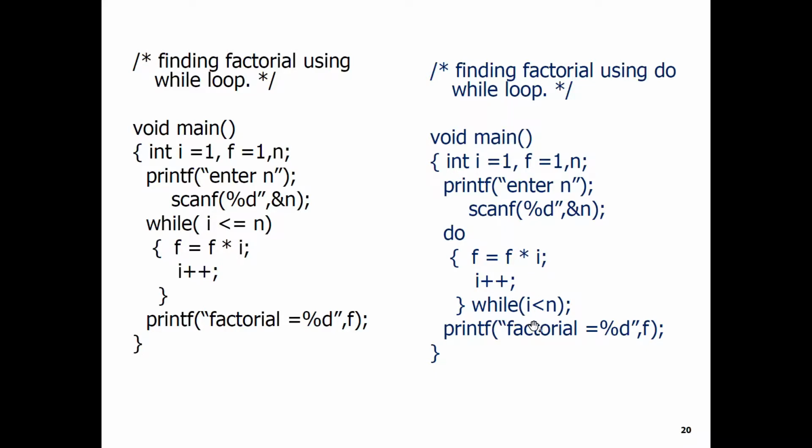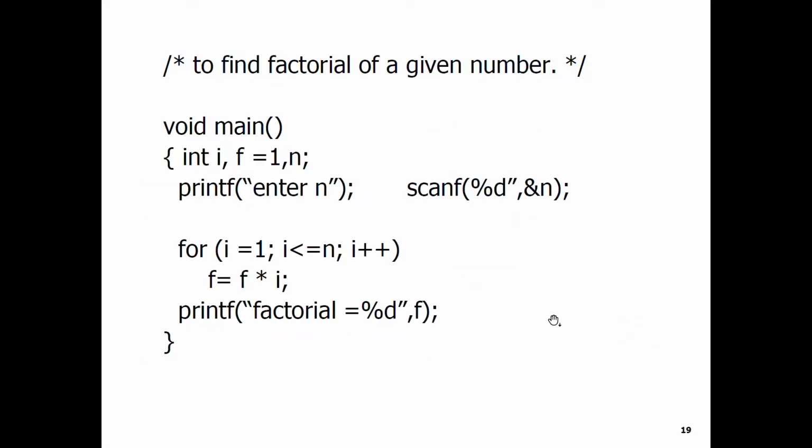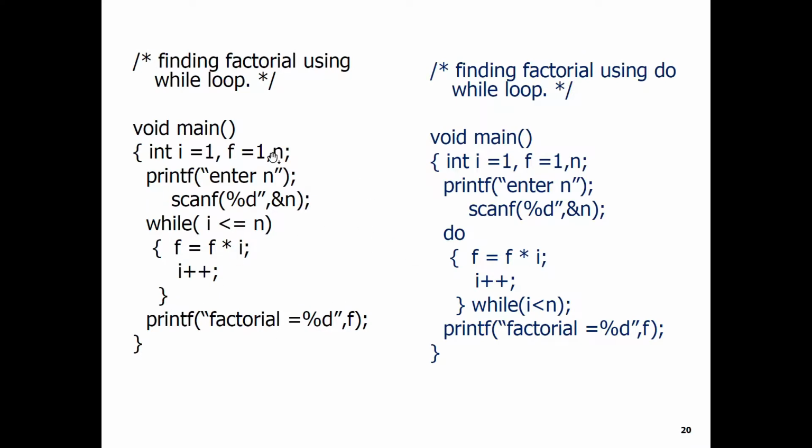But the point you must observe: I have not given I less than or equal to n, I have given less than. And finally the factorial of the given number is printed. In this fashion, factorial of a given number we can try using a for loop, a while loop, and also a do while loop. The pre-test loop is possible, and the post-test loop is also possible.